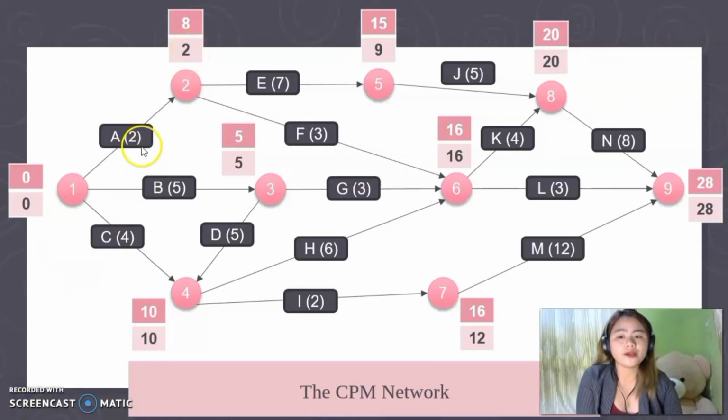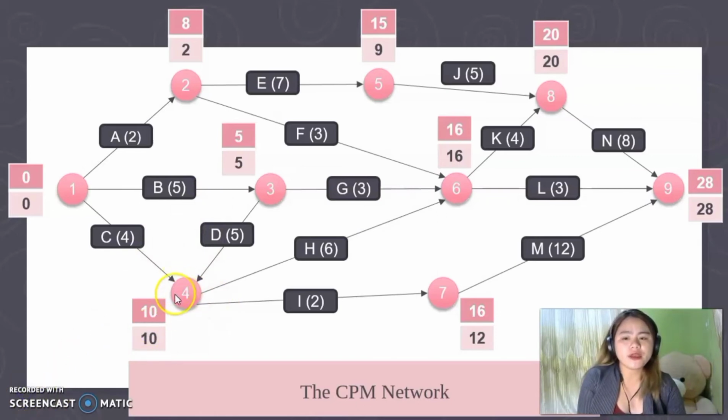Now move to our activity B. The earliest start time, 0, plus the duration of 5 months is equal to 5. So the earliest start time of our node 3, or the ending activity, is 5. Now move to the next node.